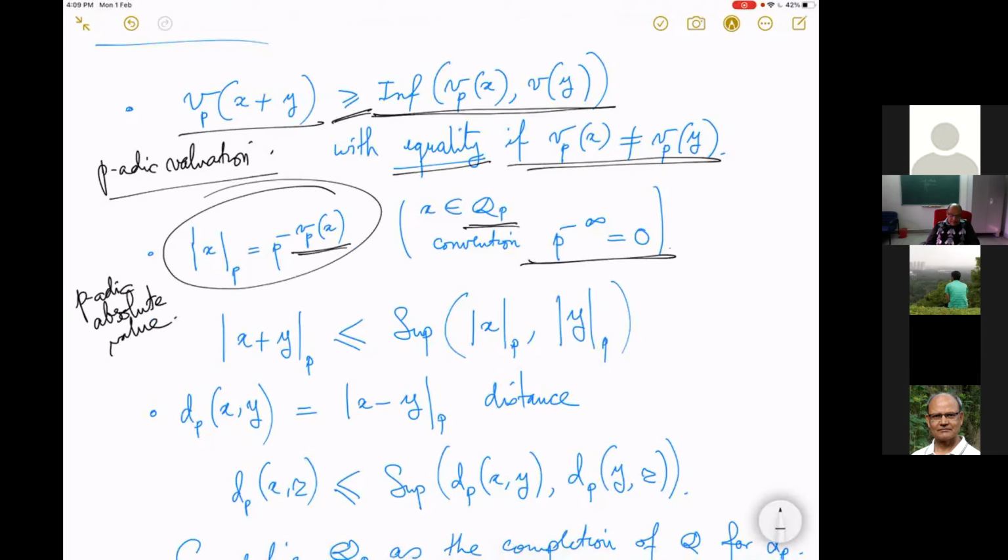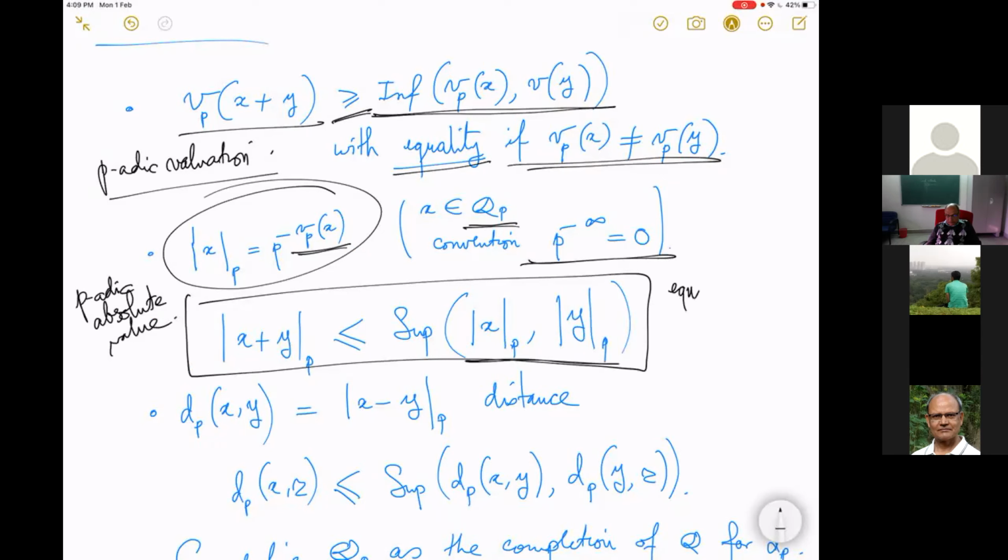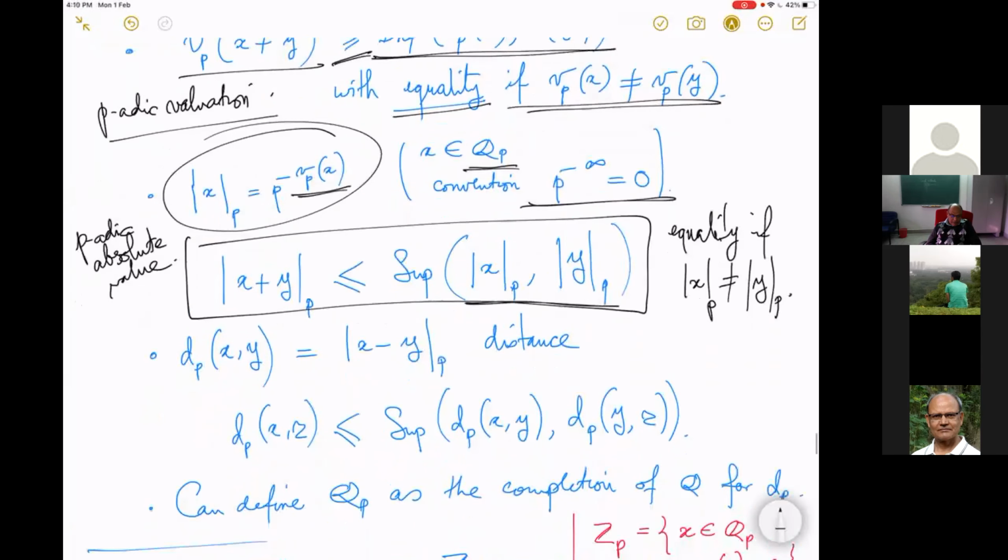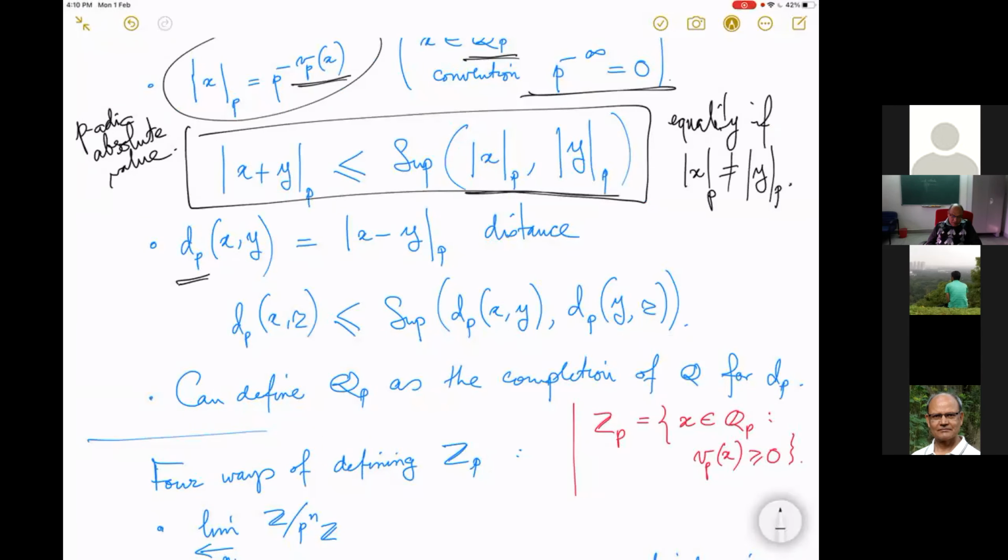So this P-adic absolute value satisfies this inequality. It says that the absolute value of a sum is always smaller than whichever of the two absolute values is bigger. And one should also say that you have equality if these two absolute values are different. Okay, so that allows you to define a distance on QP.